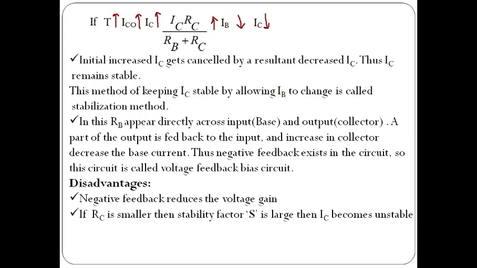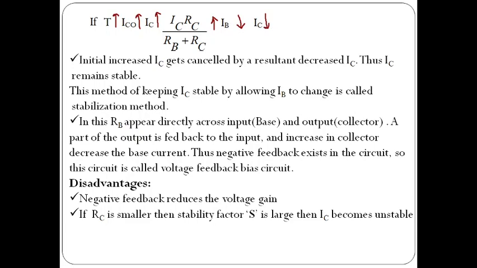must increase. When this term increases, IB decreases. When IB decreases, again IC decreases. So you can observe, when temperature increases, the reverse saturation current increases and the collector current increases. Initially the collector current is increasing.